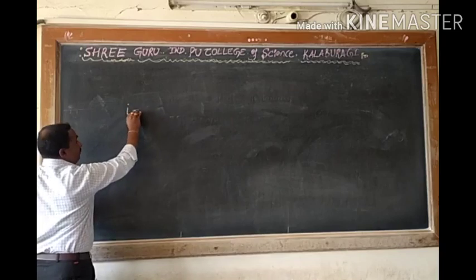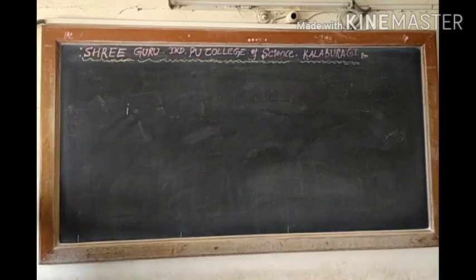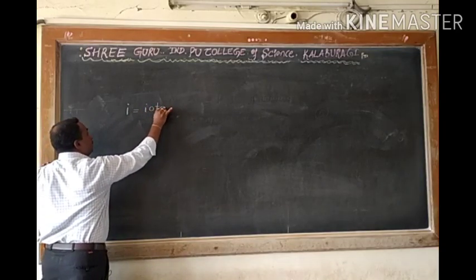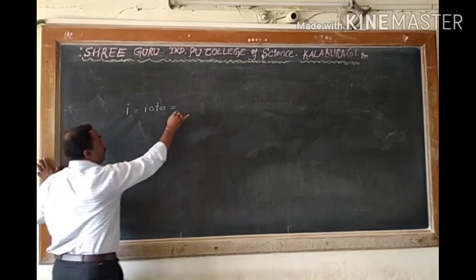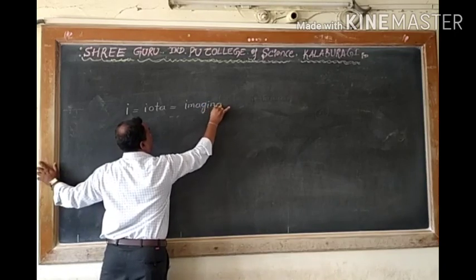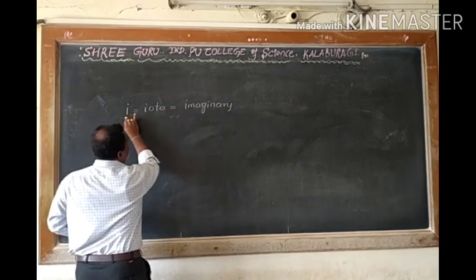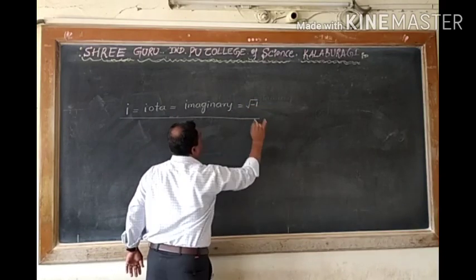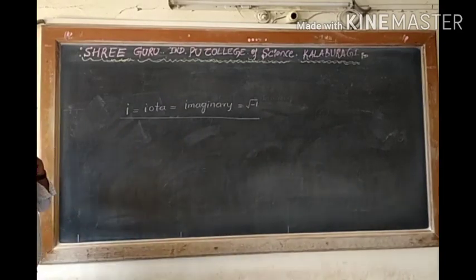This i value is always root of minus 1. What do you mean by iota? When does i exist?